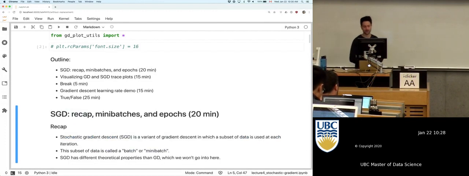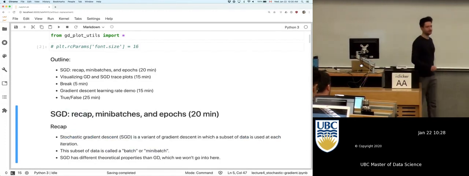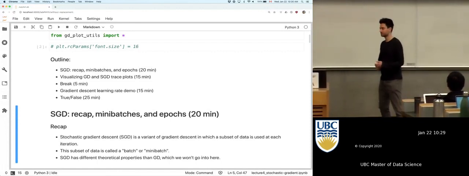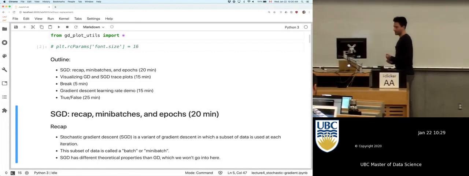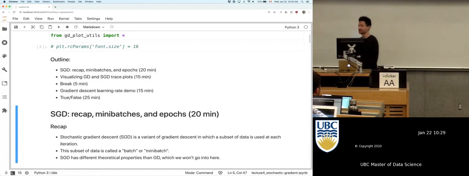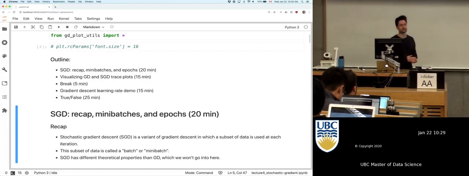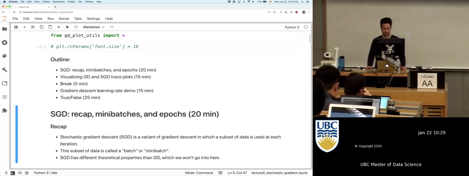It is a variant of gradient descent in which a subset of the data is used at each iteration. And the subset has a name, and that name is sometimes called a batch and sometimes called a mini batch. As far as I know, those are interchangeable terms.